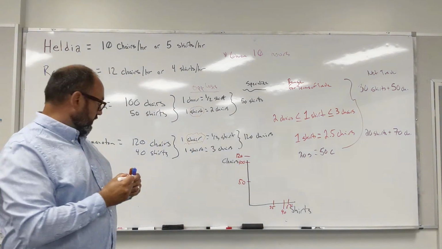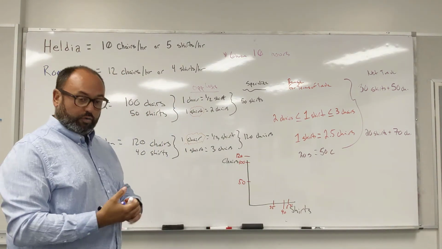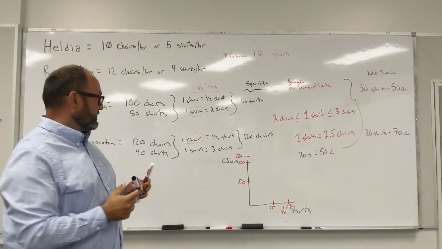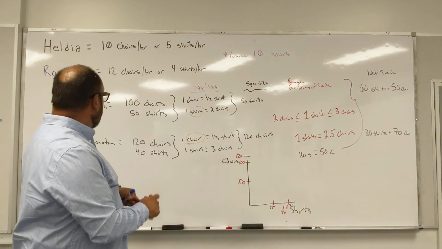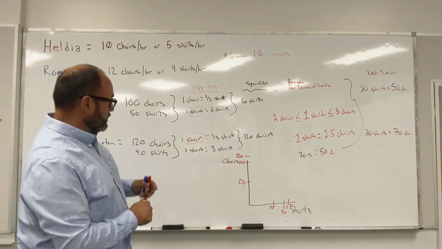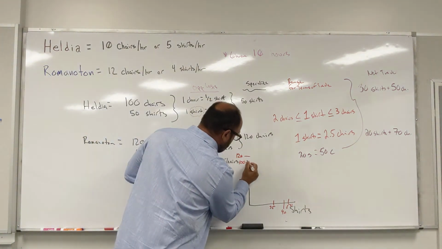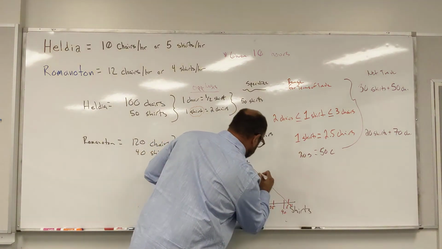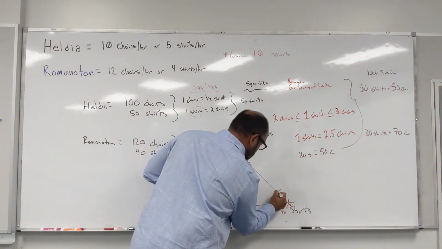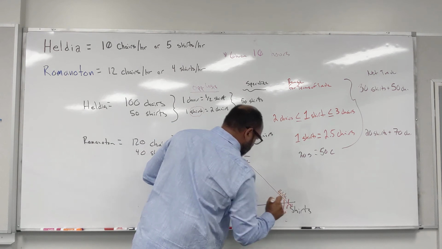Now we can show what the trade-offs look like in graphic form of production possibilities given the constraints of these two countries. And Heldia goes from 100 chairs to 50 shirts. We'll put it in brown. And I'll label it Heldia.